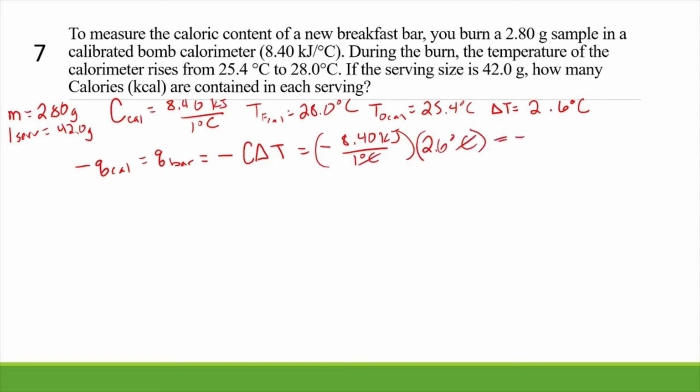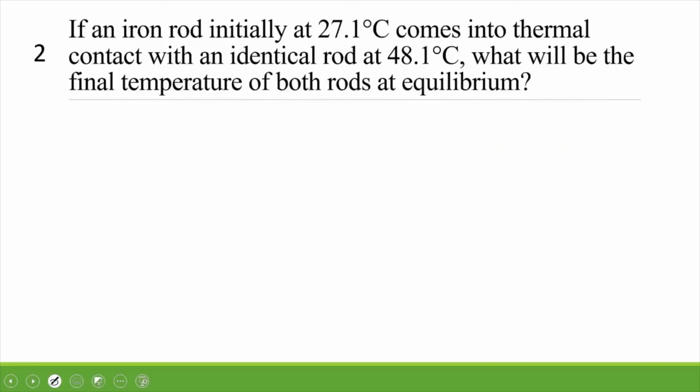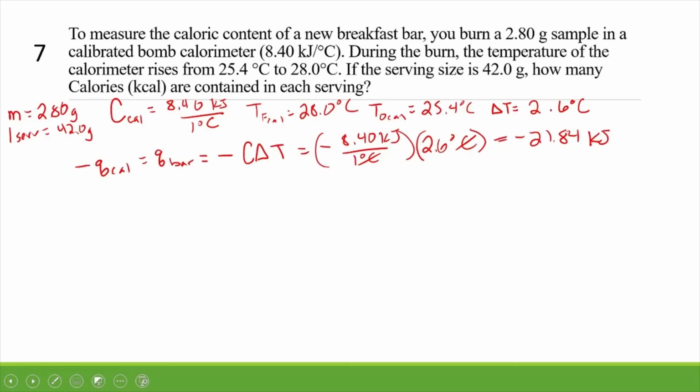And so this gets us negative 21.84 kilojoules. So now we know that the bar, for that mass, at 2.80 grams, is going to burn 21.84 kilojoules.